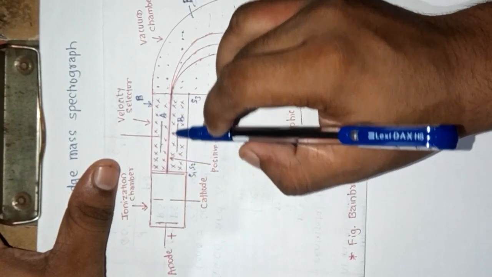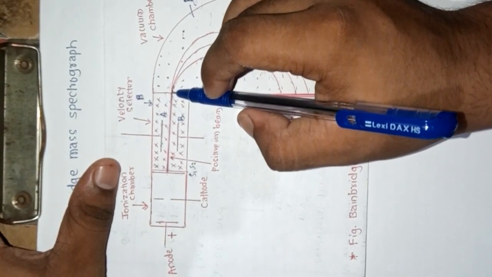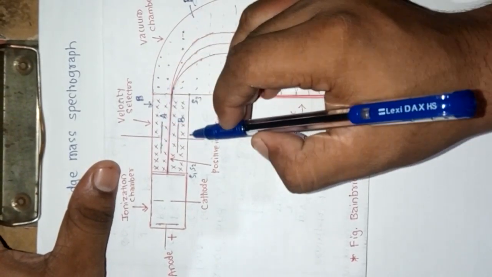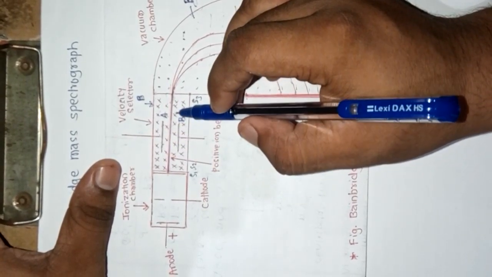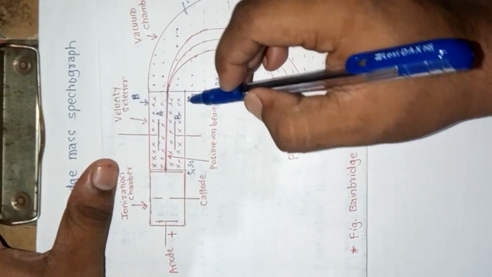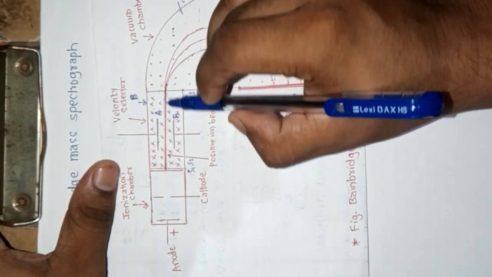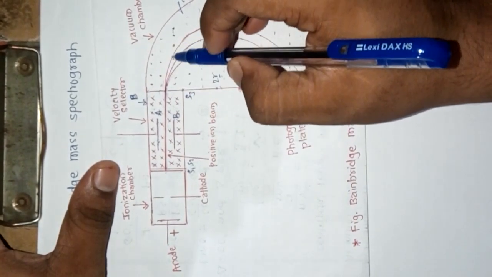The beam of ions moves in a straight line path, as the influence of the magnetic field and electric field is equal on this beam. Then the ion beam passes through the slit S3 and comes into region 3, which is called the vacuum chamber.